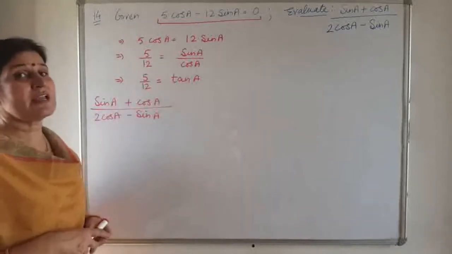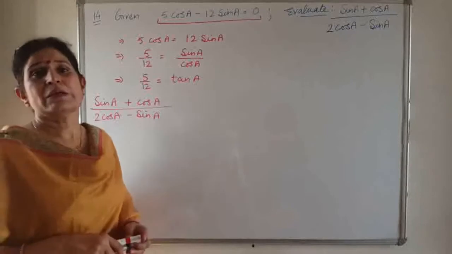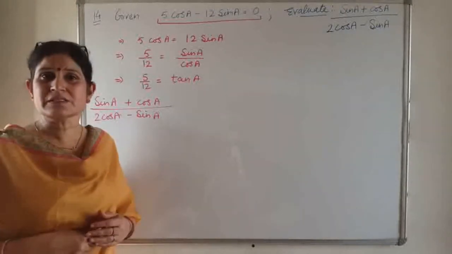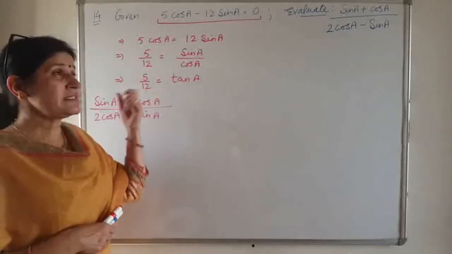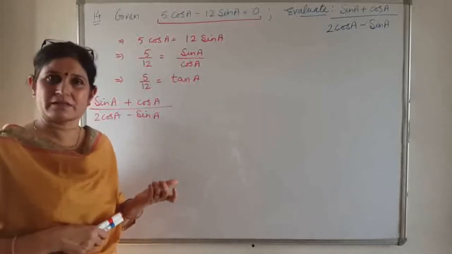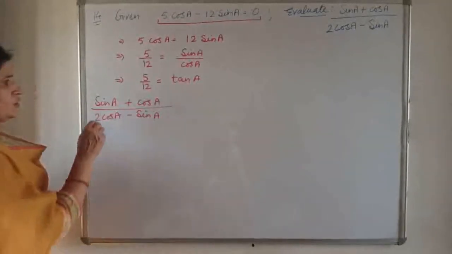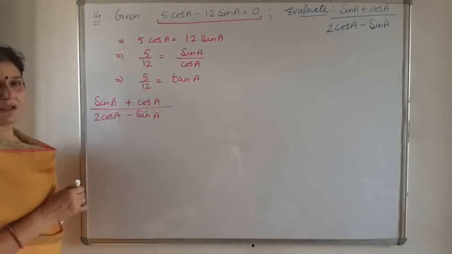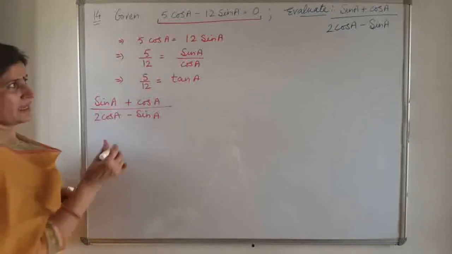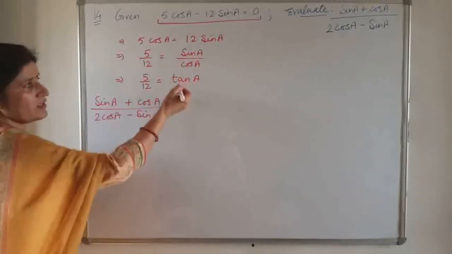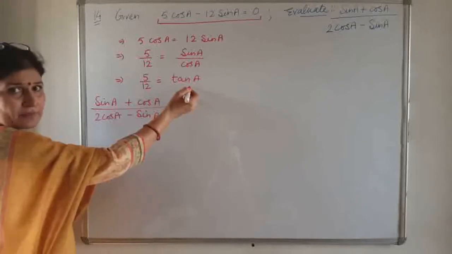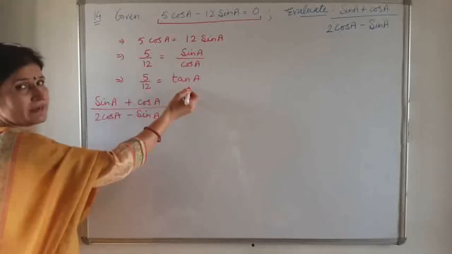The other one: as at the start of the exercise, we have learned about reciprocals of these 6 angles. You can go by that also. For that, what will you do? You divide each term by which term? Cos A. Then sin over cos will come, and that will give us tangent.